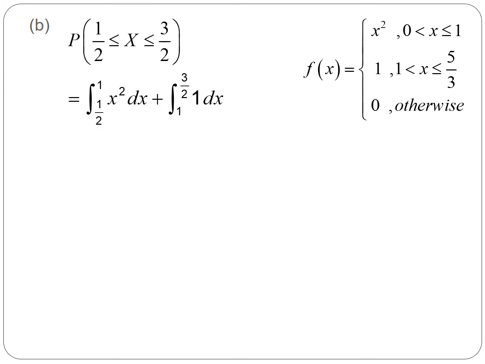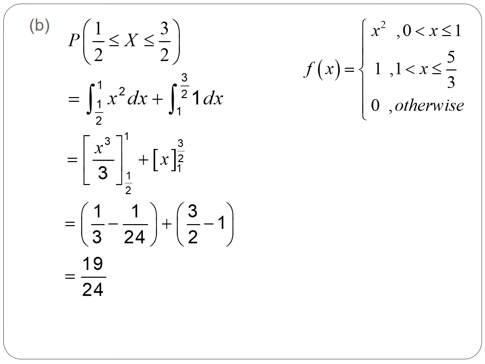Okay. So write down the function with its correct limits. You integrate with the limits. You substitute the limits and you have 19 over 24. So make sure you know how to integrate.